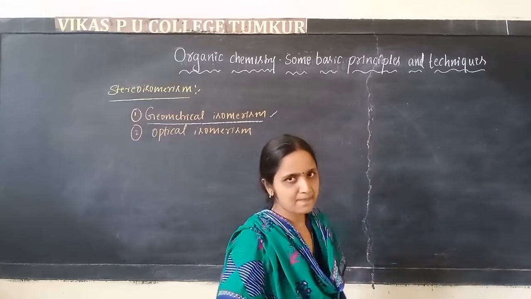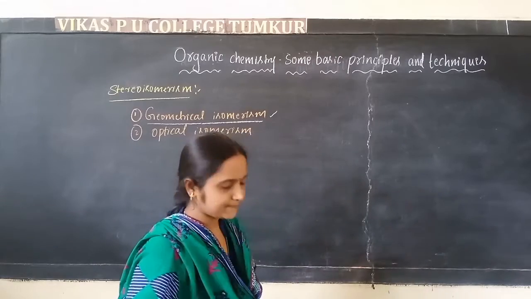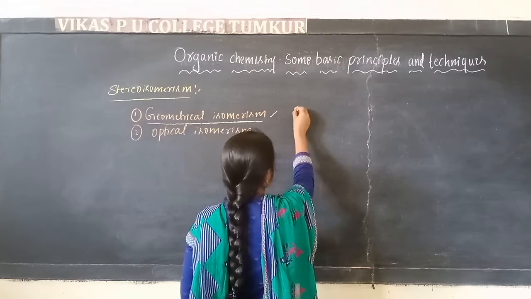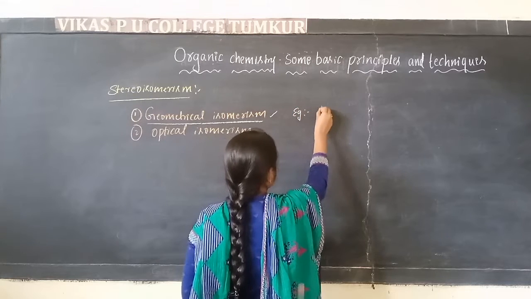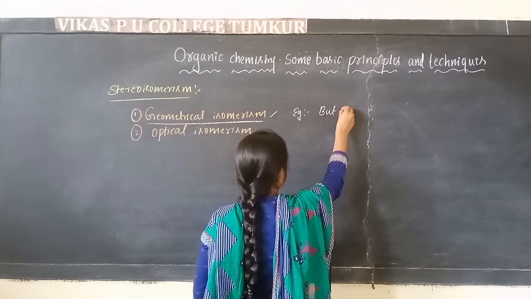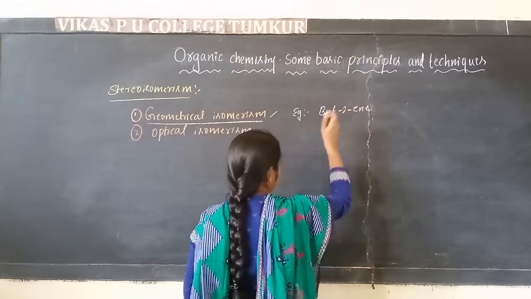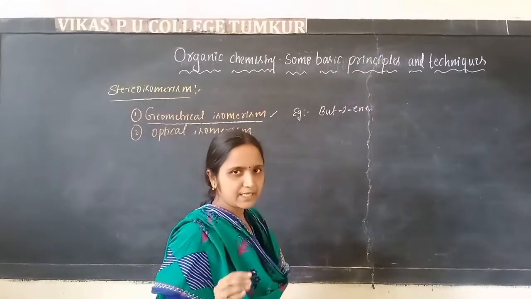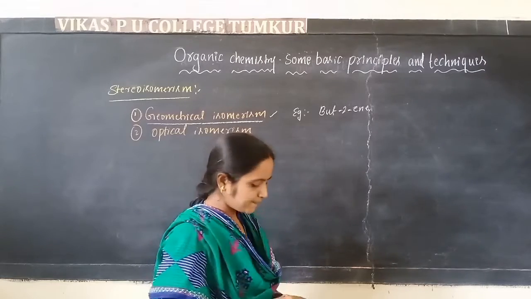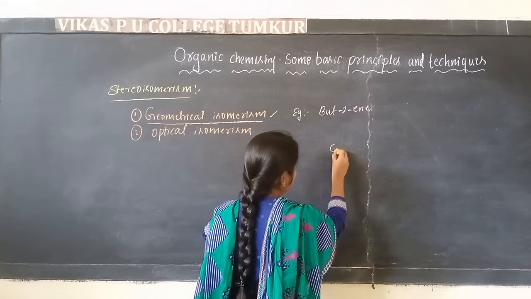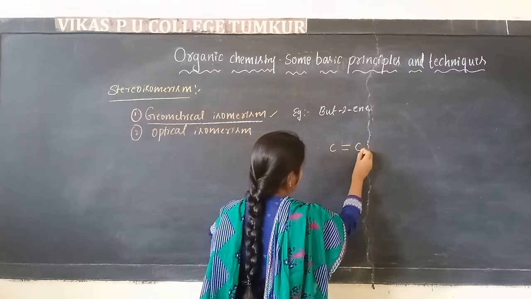We'll take the example of butene. The main part is the carbon-carbon double bond, so I write the carbon-carbon double bond.